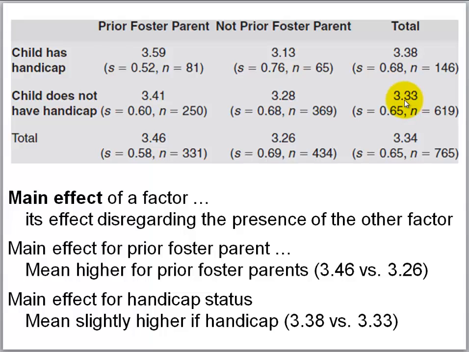And the main effects of prior foster parent versus not prior foster parent are conveyed by the difference between 3.46 and 3.26. So you can see that our main effects are showing that prior foster parents are tending to have, taken as a whole, higher parent-child relationship scores than do those who were not prior foster parents.